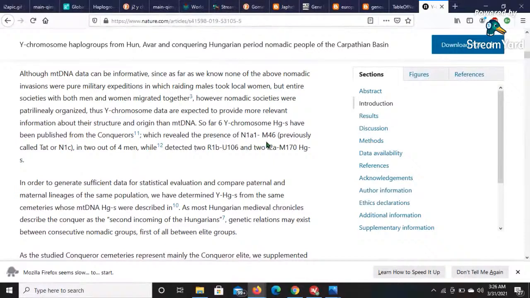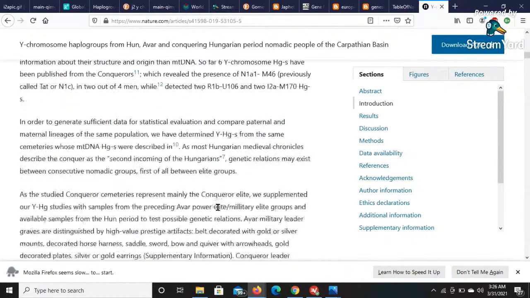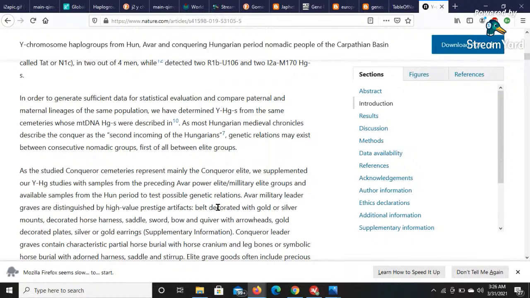In 2 out of 4 men, 2 R and 2 Is. It's an equal amount of everybody, just about.